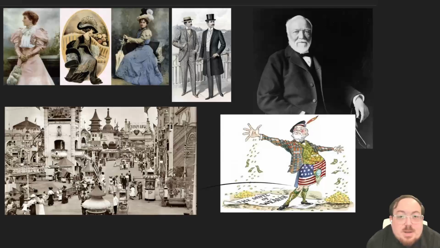And so he'll give his money away to charity and be the greatest philanthropist of the early 20th century. His foundation is actually still giving out money. The Carnegie Foundation, over 100 years after his death, is still giving out money and scholarships.